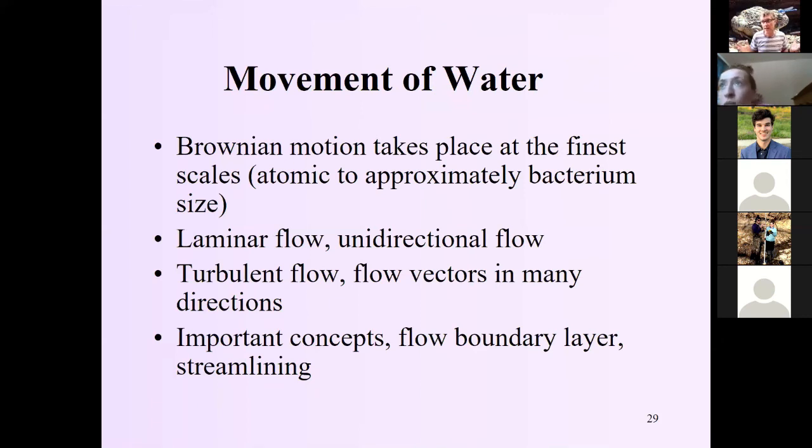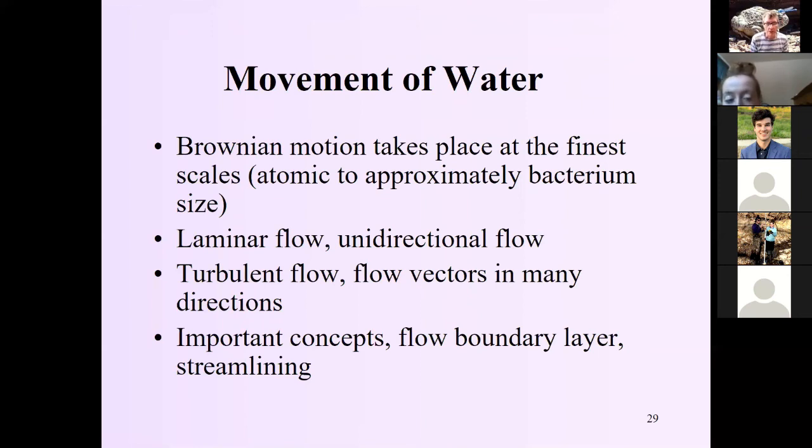That just doesn't happen at our scales because of the numbers. So water molecules are moving very quickly, but they're not going much of anywhere. They're bouncing around like crazy, but not going anywhere. That can lead to diffusion eventually, and we'll talk about that.